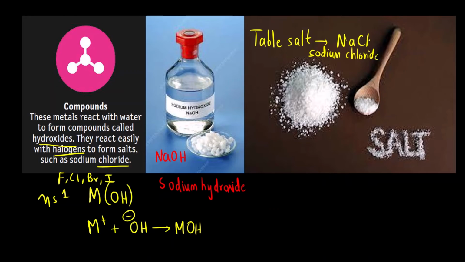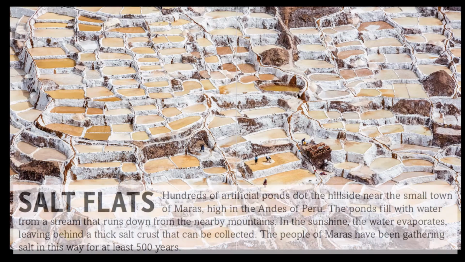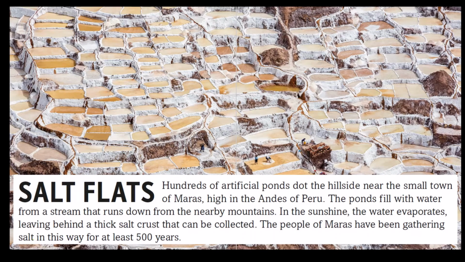Finally, what is this image that I had shown you in the first slide? These are called salt flats. What is the meaning of salt flat? These are hundreds of artificial ponds that were built by the people that lived in the small town of Maras, which is located in the Andes of Peru. What happens is these ponds are naturally filled with water with the help of the stream or the flow of water that runs down from the nearby mountains.